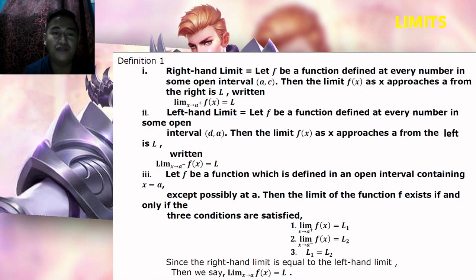Okay. Definition 1. The right-hand limit. Okay. So, let f be a function defined at every number in some open interval (a, c). So, then the limit of f of x as x approaches a from the right is L, written as this one. So, from the right class, a from the right, so a plus. So, limit of f of x as x approaches a plus is equal to L. Okay? And then, ang left-hand limit, so, same atong i-let dito class. Then, kini from (d, a) na pag siya interval.